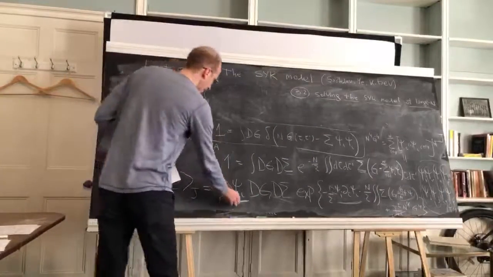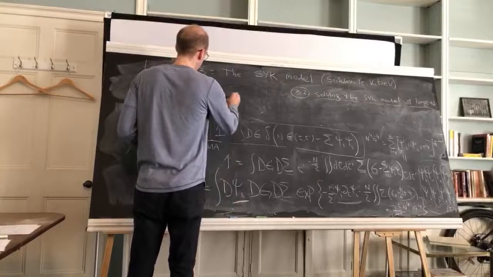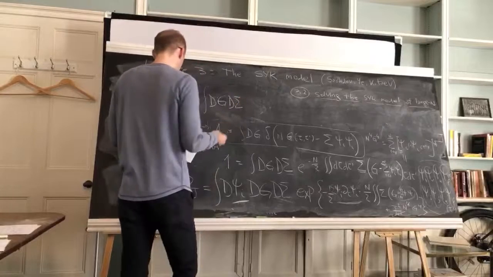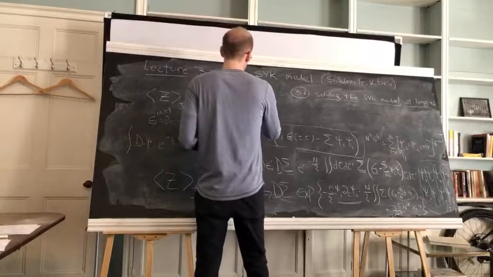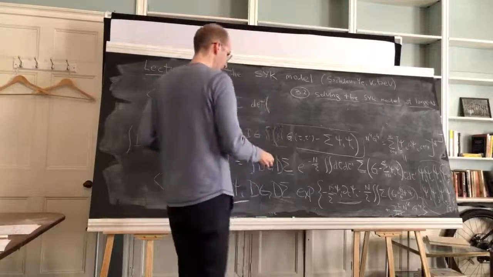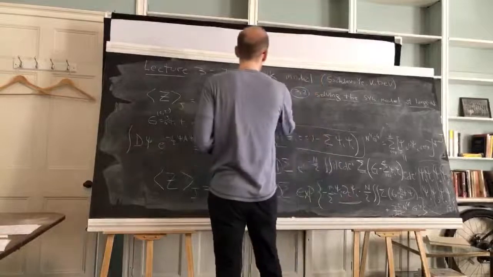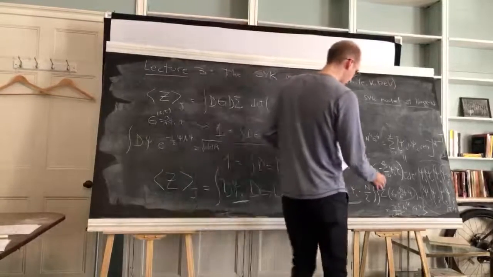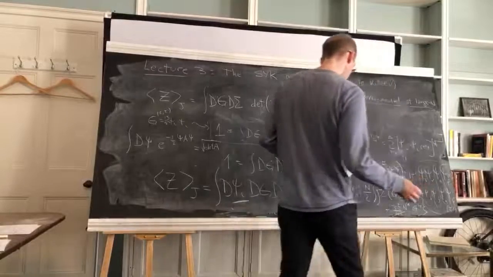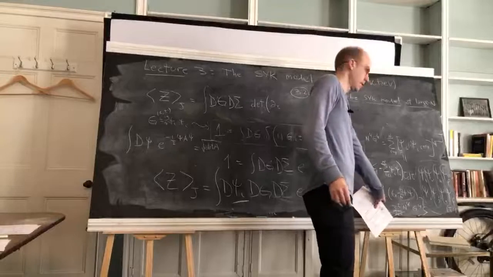So I'm doing this integral, so I still have an integral over g and an integral over sigma. I got as a result of the integration the determinant, whatever is multiplying the quadratic fermions. I have a dt over here, and the other one is multiplied by sigma.